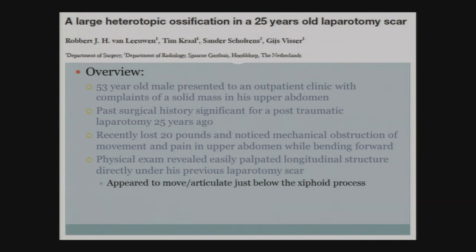The patient had recently deliberately lost 20 pounds and noticed a mechanical obstruction with movement and pain under his abdomen while bending forward. A physical exam revealed an easily palpated longitudinal structure directly under his previous laparotomy scar that appeared to move and articulate just below the xiphoid.